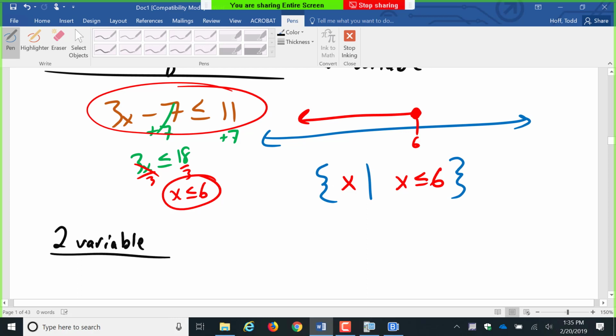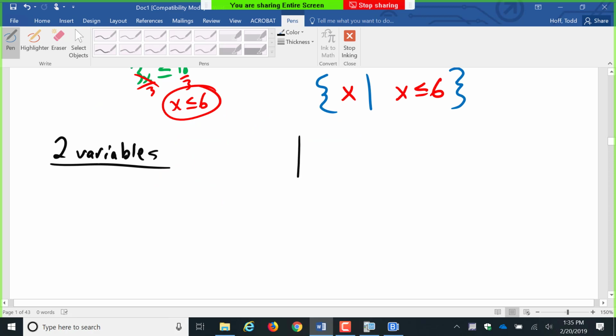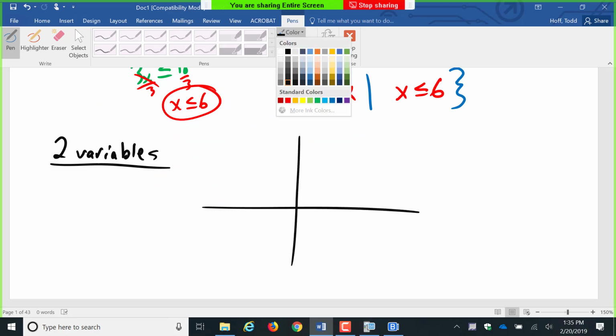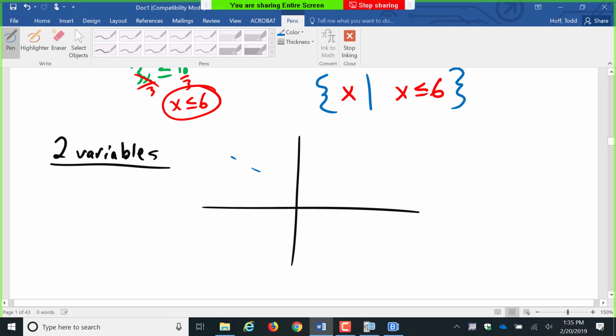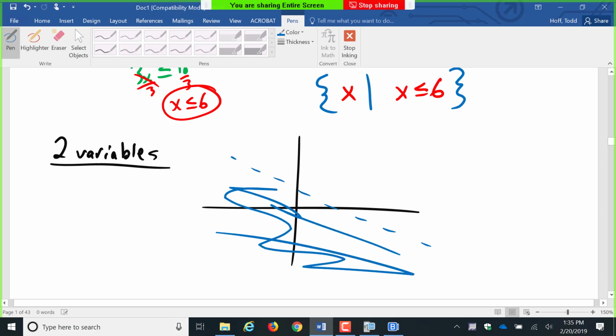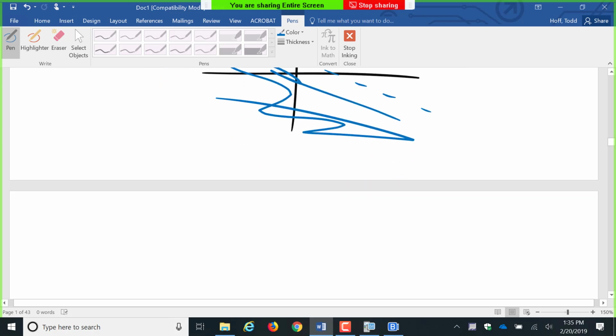You have linear inequalities of two variables. That's where we graph. We can have a solid line or a dotted line, shade one side or the other. Those we've done recently, so those shouldn't be too far out of your memory.